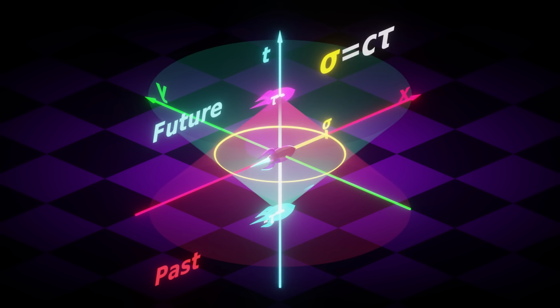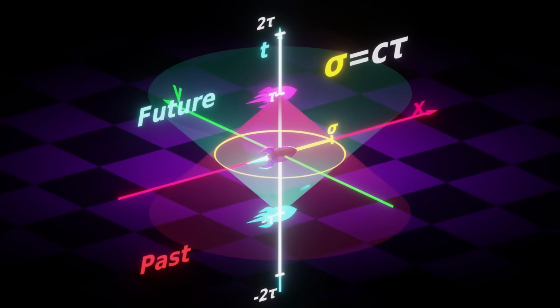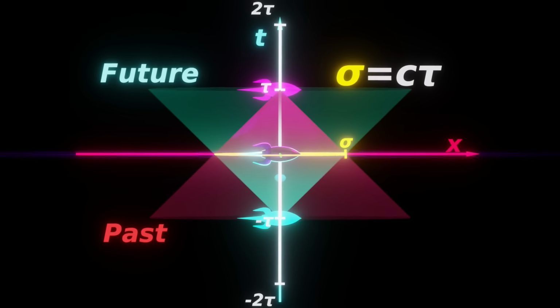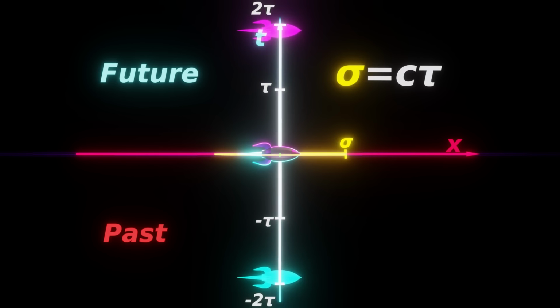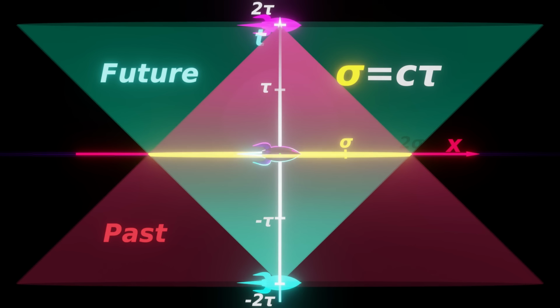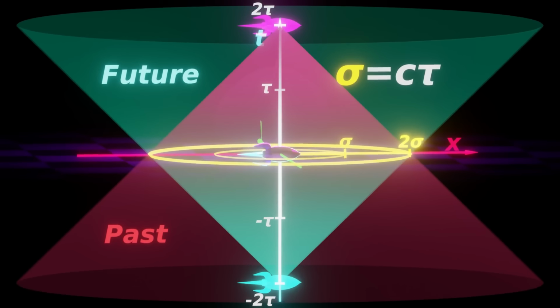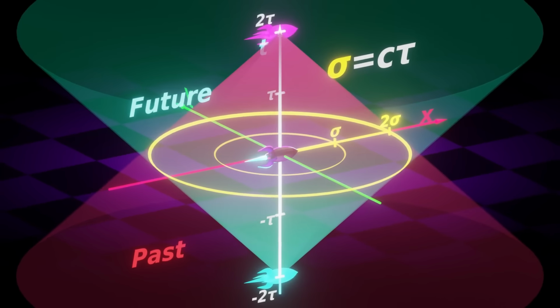The events along that ellipse are simultaneous to the original event at the origin, and they are all equidistant from the original event. The distance, denoted by the symbol sigma, is the proper time tau times the speed of light c, which in this picture is 1.